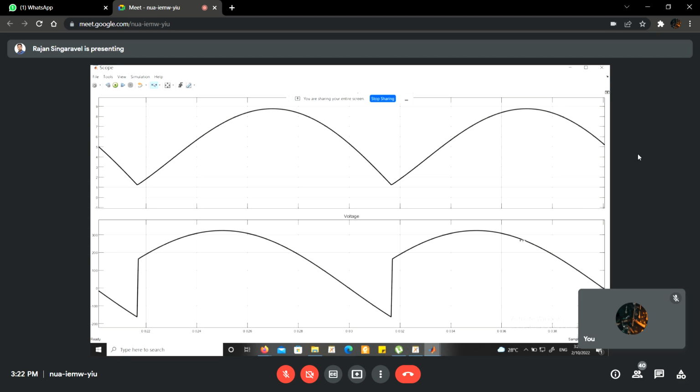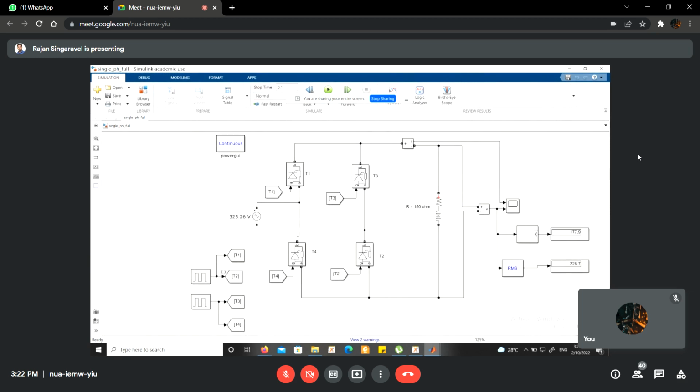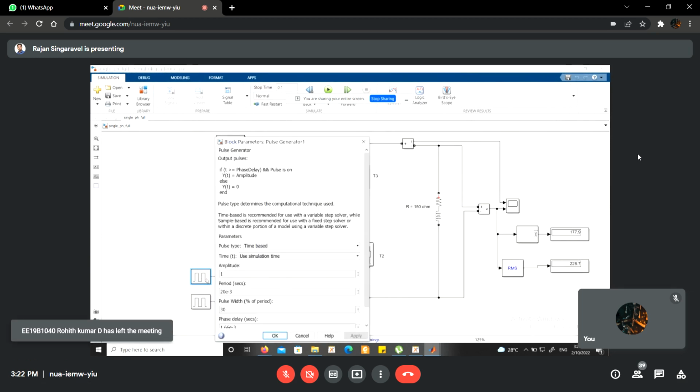Right. And this waveform is for when alpha is less than your load angle. What alpha have I fixed previously?